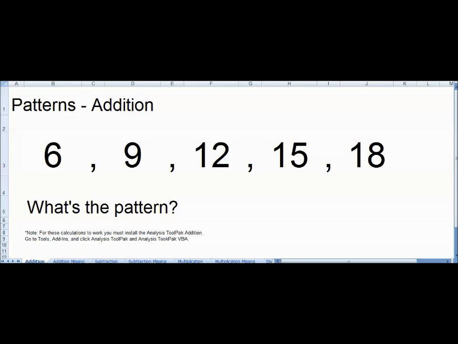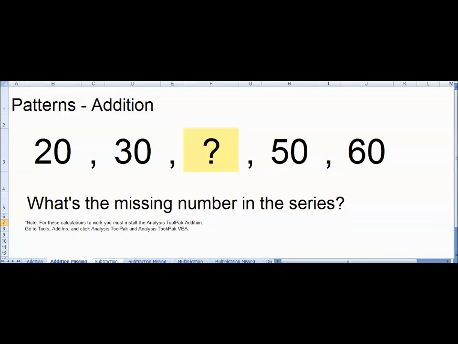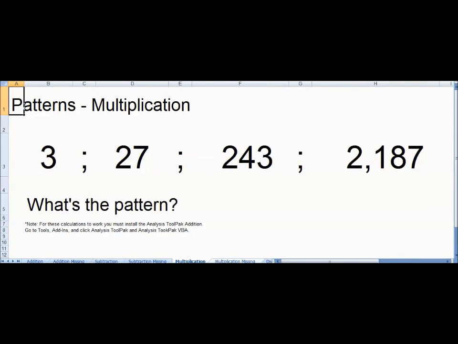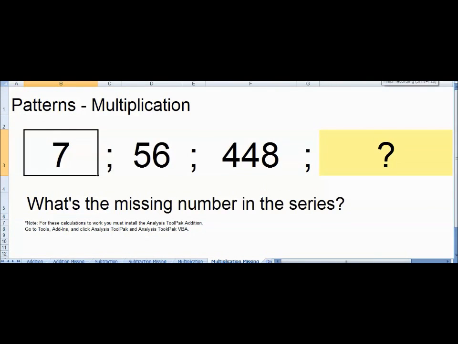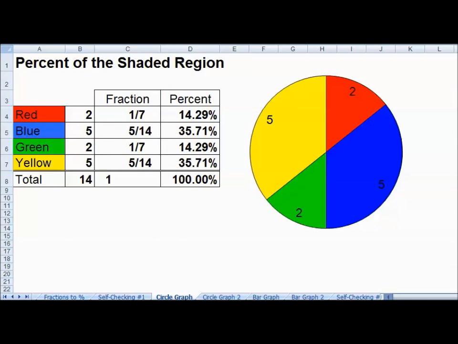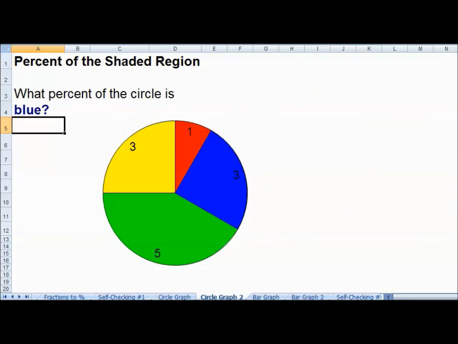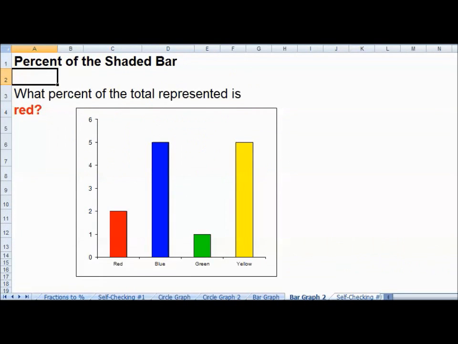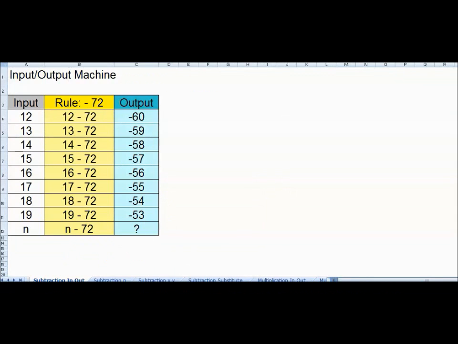Number patterns. Percents. Working with variables.